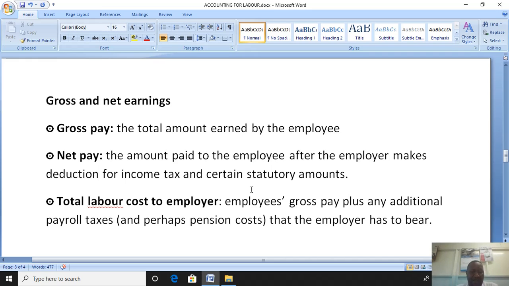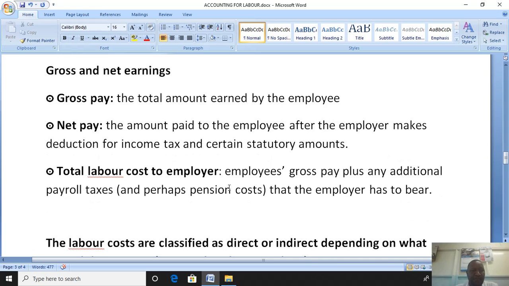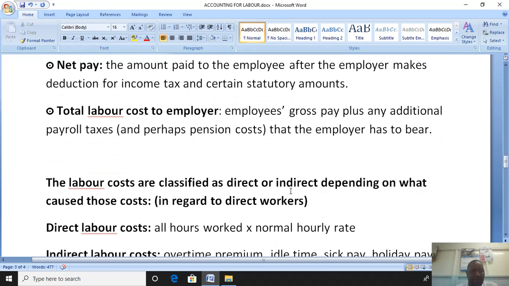Obviously here in Zambia the employer has to bear a certain percentage, a certain cost in relation to pension pay. That becomes the total labor cost to the employer: the employee's gross pay plus additional payroll taxes that the employer has to bear. The labor costs are classified as direct or indirect depending on what caused those costs.